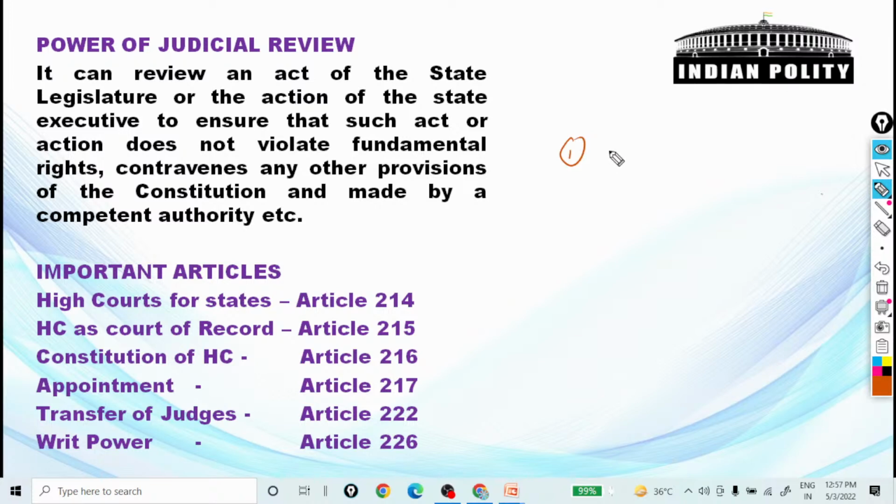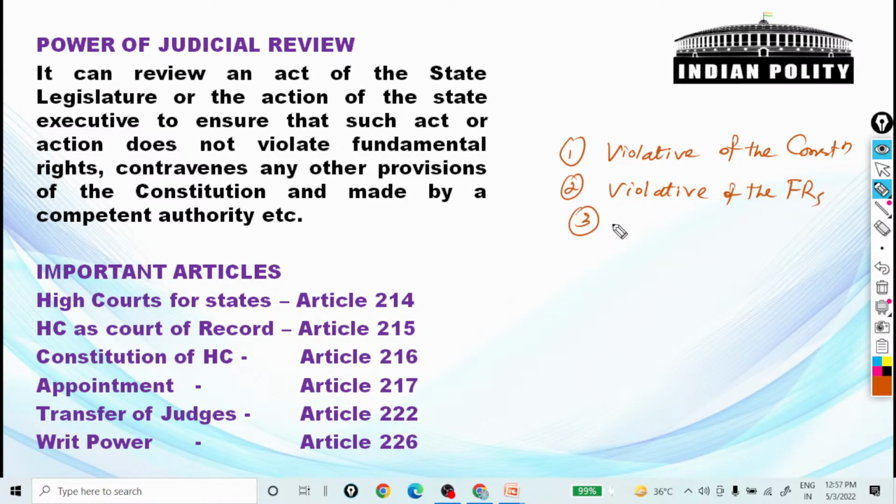That is, number one, whether it is violative of the Constitution. Number two, violative of the fundamental rights.